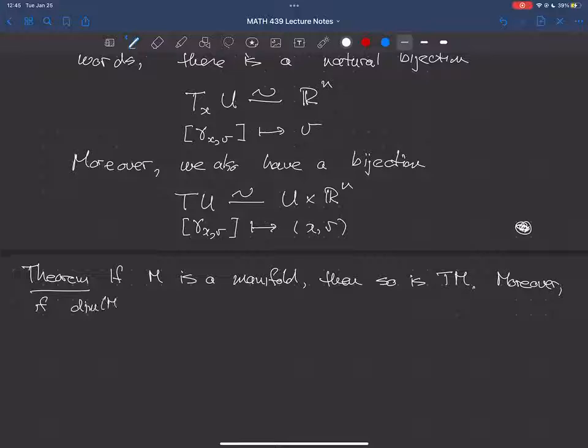And so in particular, if M is n-dimensional, and we know what n-dimensional means, it means all charts take their values in Rn for some fixed n. What do you think the dimension of the tangent bundle should be?